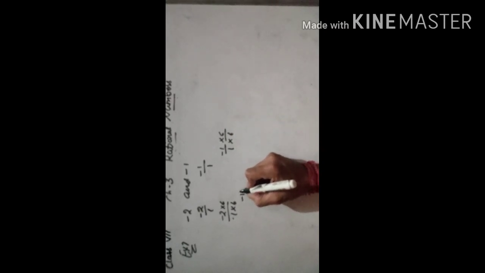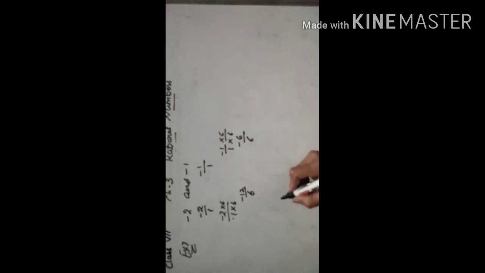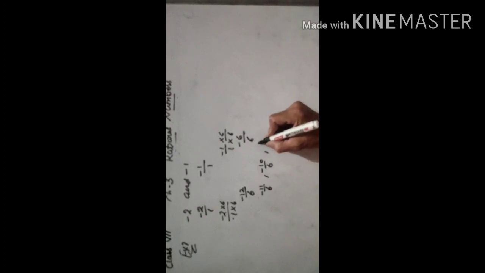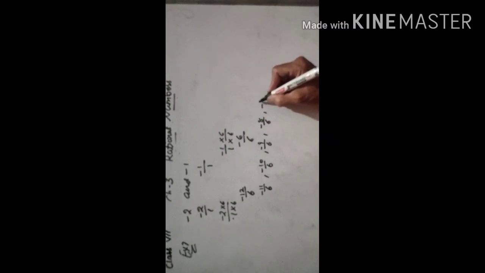So minus 12 by 6 and minus 6 by 6. So between minus 12 and minus 6: minus 11 by 6, minus 10 by 6, minus 9 by 6, minus 8 by 6, minus 7 by 6. Exactly 5 rational numbers between minus 2 and minus 1.